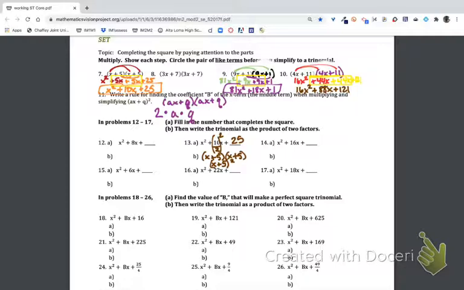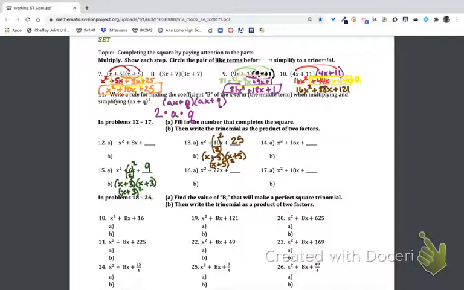Number 15, take half of that middle term, that b term, and square it. So half of 6 is 3, 3 squared is 9. Writing the trinomial as the product of two factors, x plus 3 times x plus 3, or x plus 3 all squared.